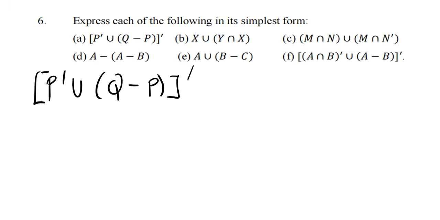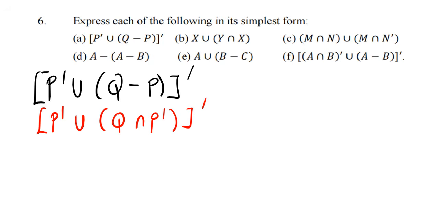So in this case, I'm going to have P complement union, then I'm going to write the simplified version of Q minus P, which is Q intersection P complement. Then I have a complement outside there. I can solve what I have in the brackets, then I take the complement, or I distribute the complement inside the brackets.